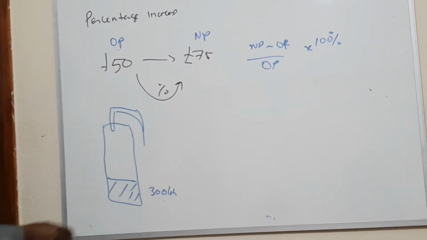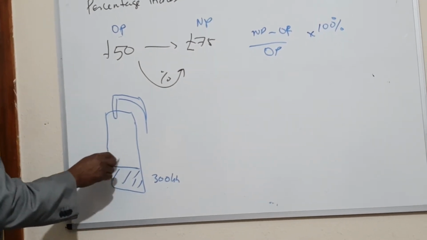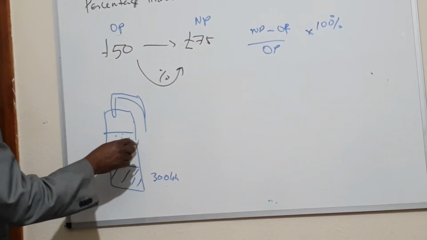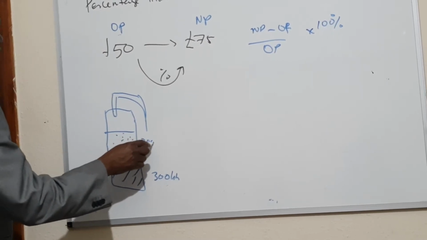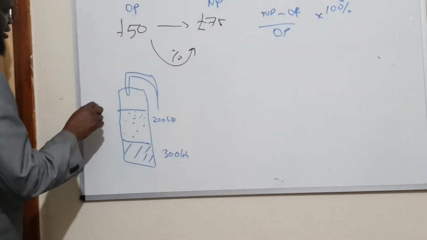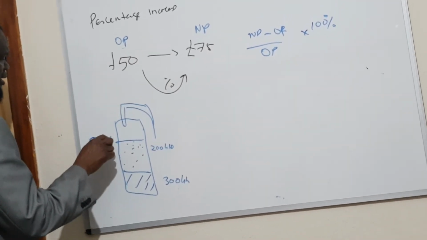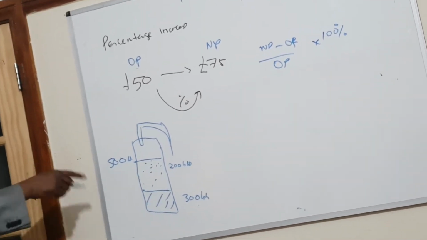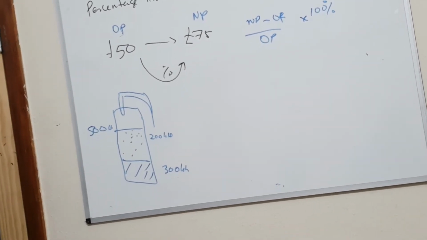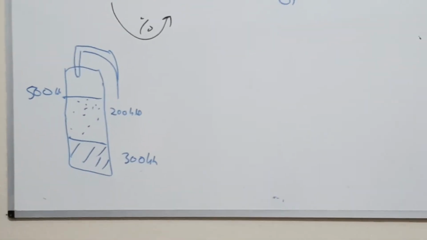That pipe puts in 200 liters. Now the water is 500 liters in it. By what percentage has the water increased? That's what we are going to do.